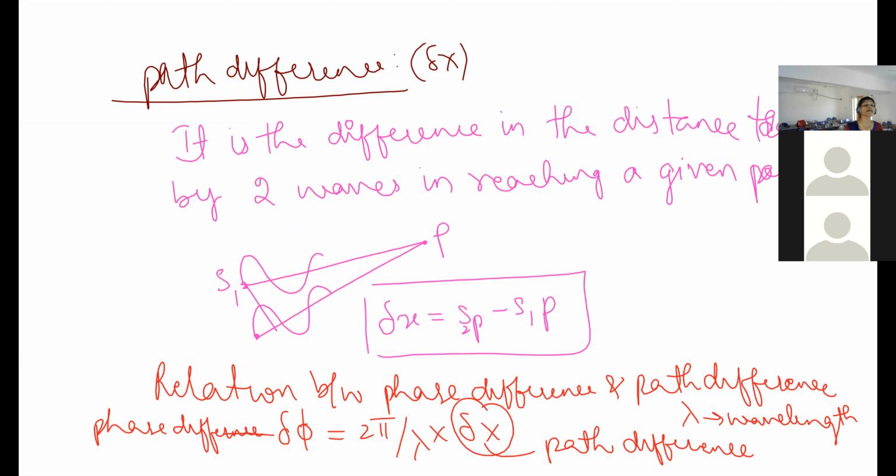In the diagram, P is the point and we are considering two waves. S1, and let us consider this is S2.